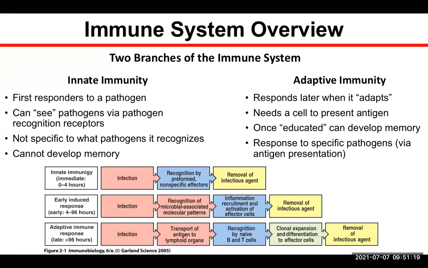Once you've done this, your B and T cells will undergo something called clonal deletion, and it ends up contracting so that you only have a small population of these cells that are able to recognize a secondary infection. These are going to be your memory responses. I know that might be a lot, but like I've done before, I'm going to layer on all of this information as we go on, so you guys have multiple times of exposure to this.